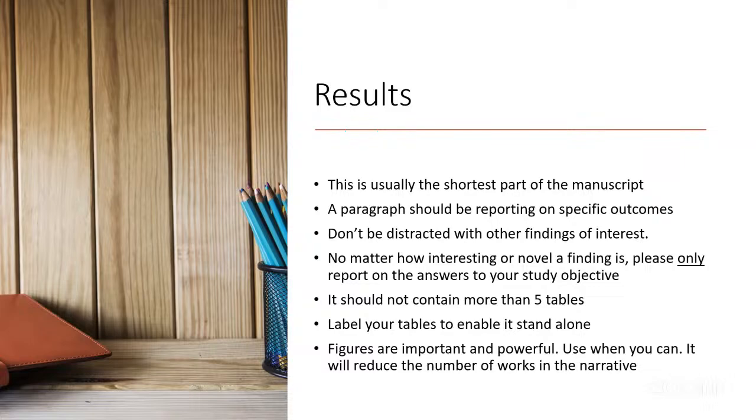You go straight to the point and be as specific as possible. And again, because you have specific objectives, those should guide the arrangement of your results section. So ideally, each paragraph should report specific outcomes, right?